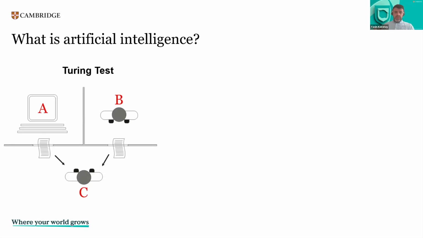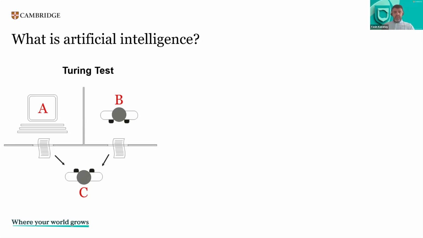A is the computer, and B is the human taking the same task, and C is another human, but doesn't know which one is computer and which one is human. If C, the human evaluator, cannot tell if it is a machine or a person, the computer passes the test, and we can say it is intelligent.